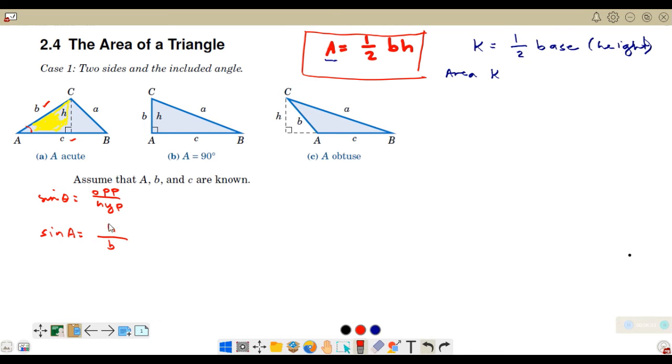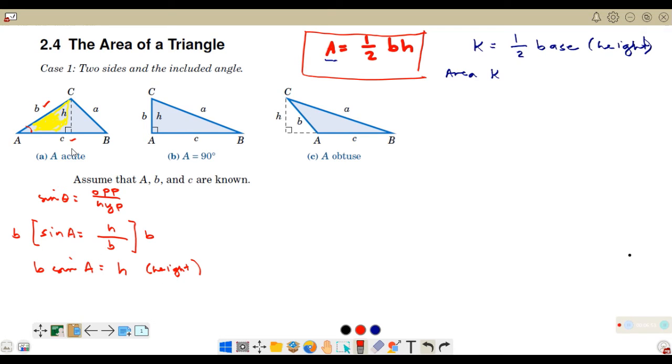Kung unknown si H, kailangan natin hanapin si H, we are going to get rid of B using multiplication property of equality. So, just multiply both sides by B. You are going to end up with B sin A is equal to H. Or, ito yung tinatawag natin na height.